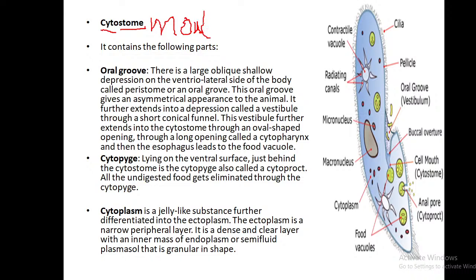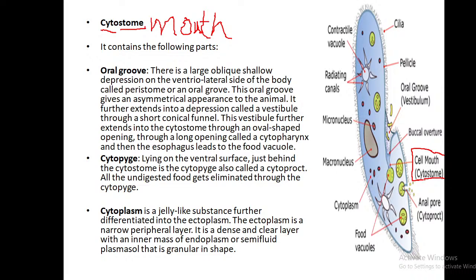They have a structure called cytostome. Here you can see the structure, that is cytostome. Cytostome is also called cell mouth. Cyto means cell and stoma means mouth.